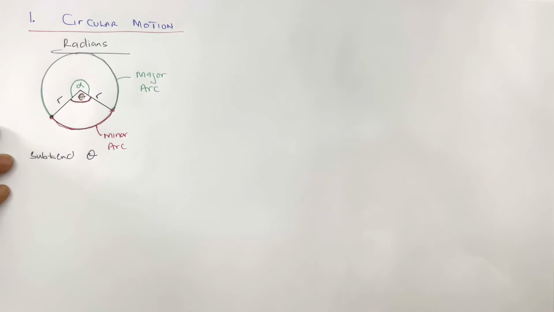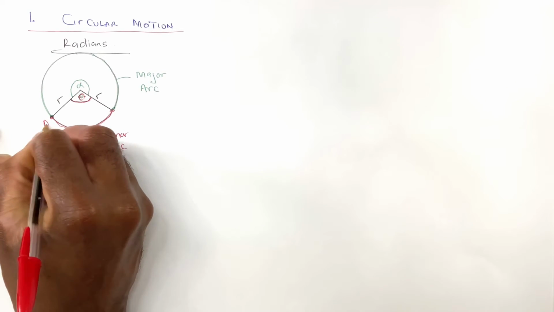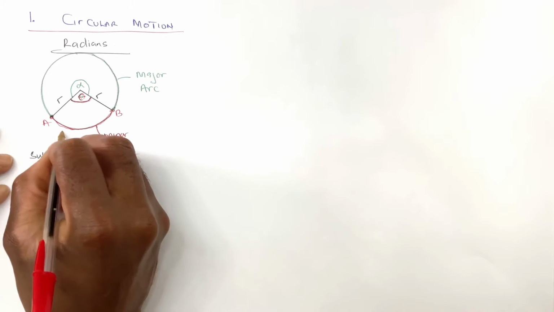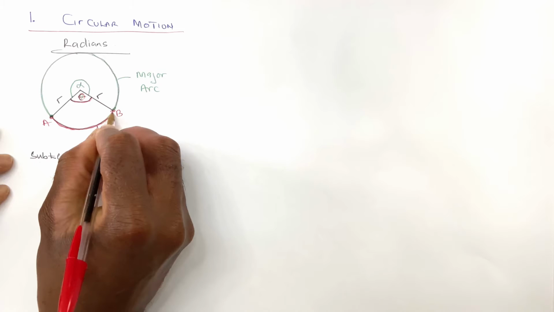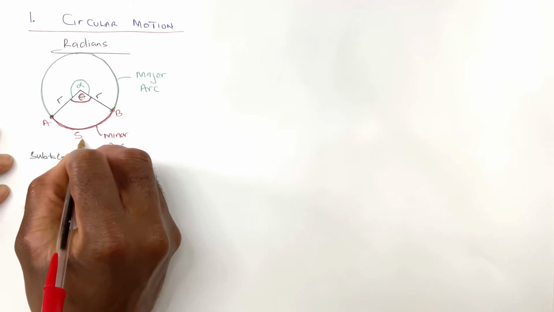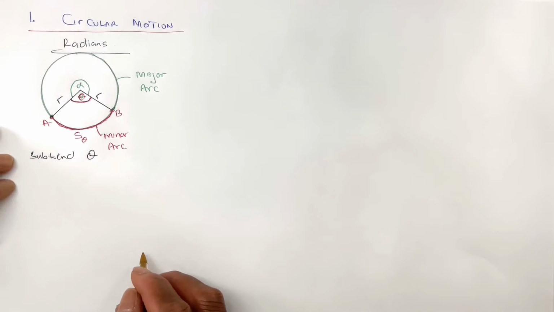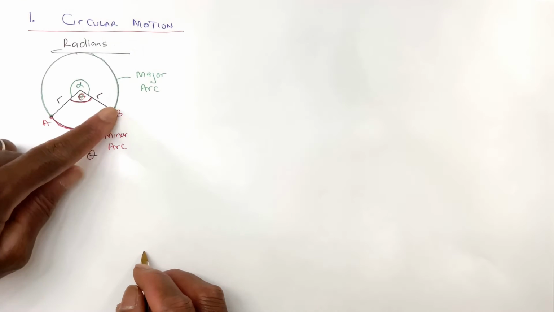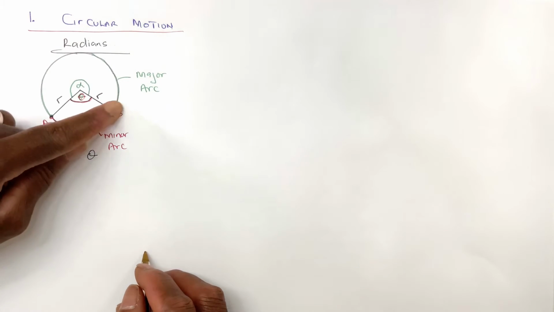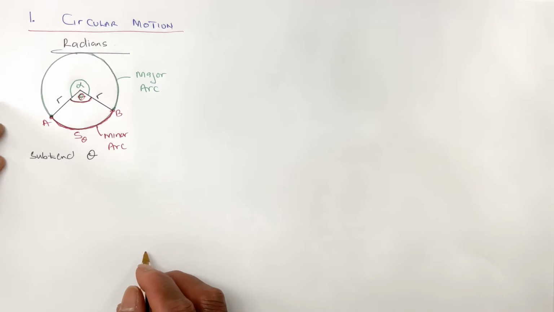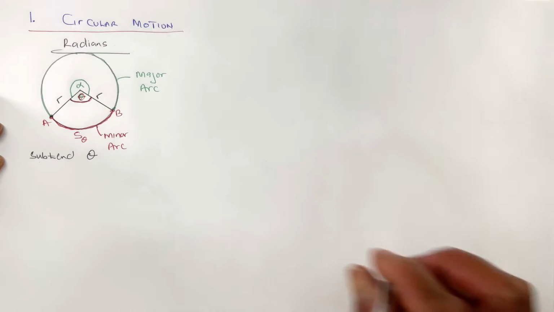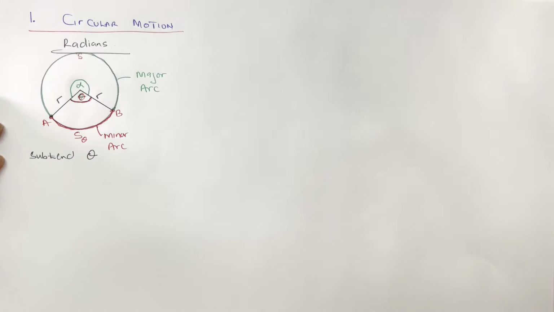If I call the minor arc, if I go from A to B in the red direction here, that will be S subscript theta, because I'm saying displacement from A to B. In fact, that will be angular displacement from A to B. Or if I go the other way around, that would be S alpha.